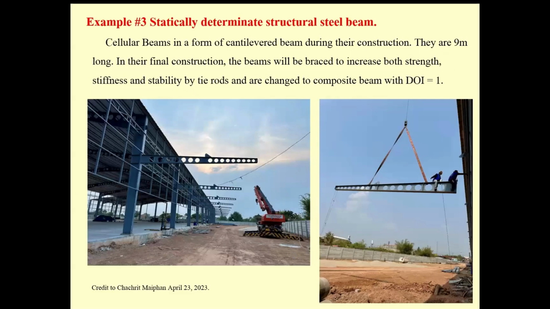Then this is steel. You also have the steel beam. During the construction, this type of prefabricated steel beam will be lifted up by the crane and then connected to the frame of the structure over here.